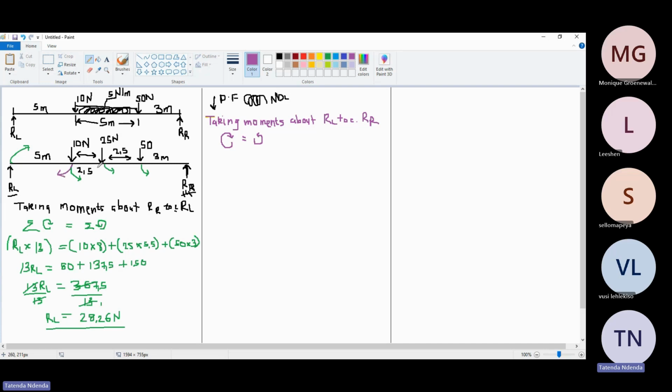Wait. Taking moments about RR, everything was going to RR. Taking moments about RL, yeah, it's correct. So everything is now going in this direction.